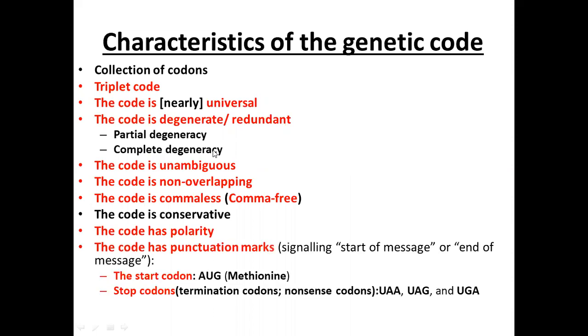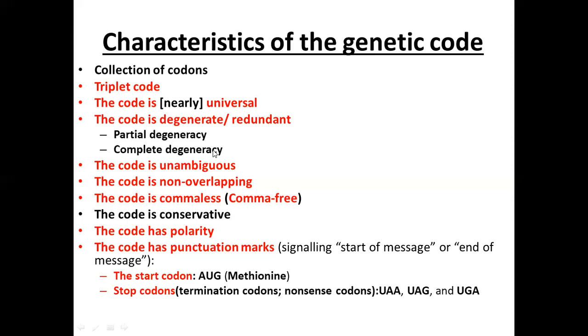The other property is that the genetic code has punctuation marks, which signal the start of translation or the end of translation. So we have, of importance, very important, the start codon, which codes for methionine, and this is AUG.